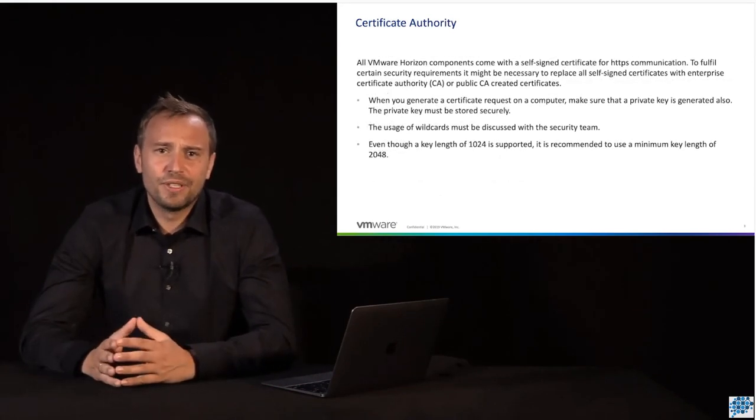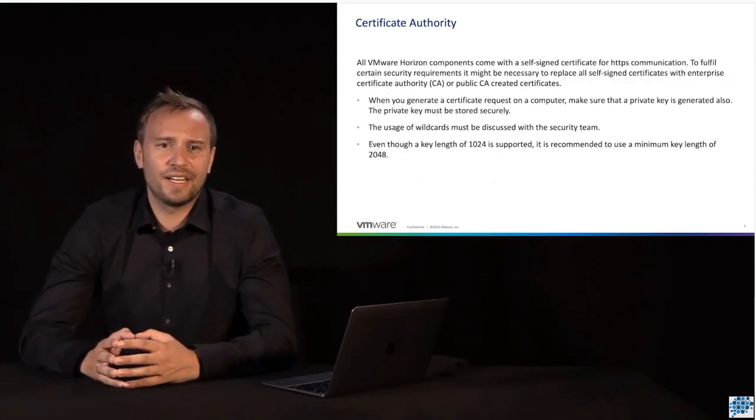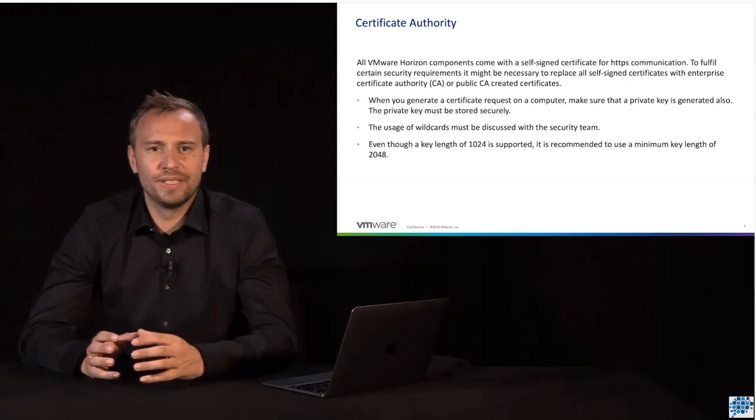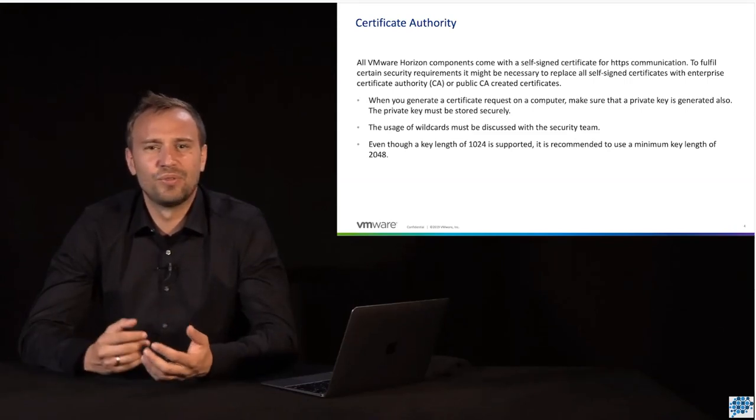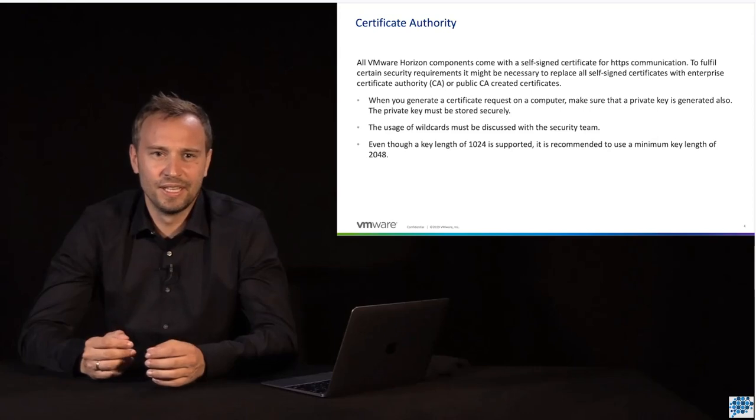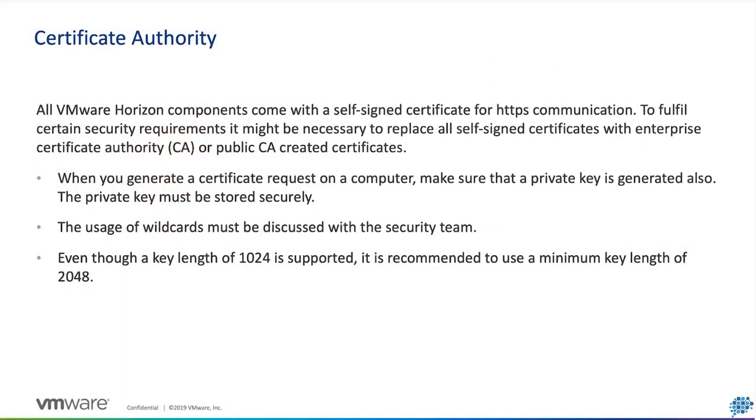Another very important topic in the physical design of our Horizon environment is the discussion around SSL certificates. All VMware Horizon components come by default with a self-signed certificate for HTTPS communication.